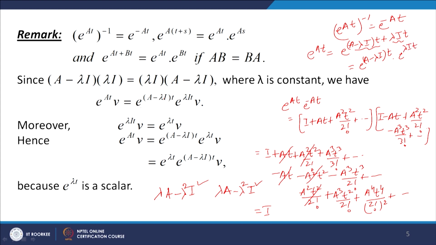So e to the power a t can be written as e to the power a minus lambda I into t into e to the power lambda I t, because a minus lambda I and lambda I commute, and you are using this property e to the power a t plus b t is equal to e to the power a t into e to the power b t.